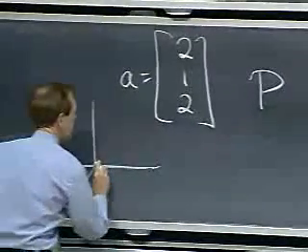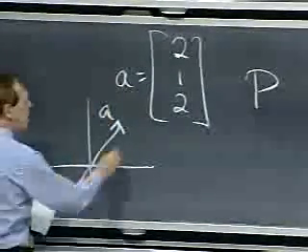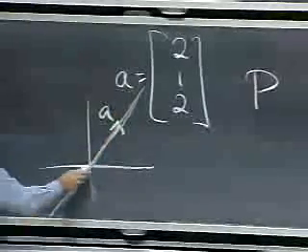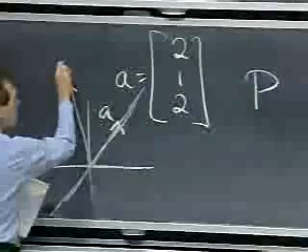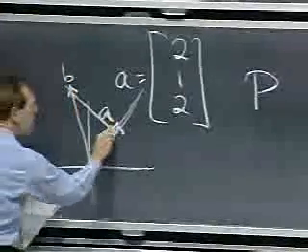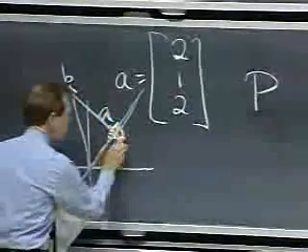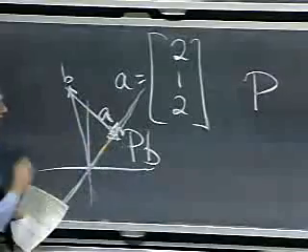So there's the vector a, 2, 1, 2. Let me draw the whole line through it. And I want to project any vector b onto that line, and I'm looking for the projection matrix. So the projection matrix is the matrix that I multiply b by to get here.